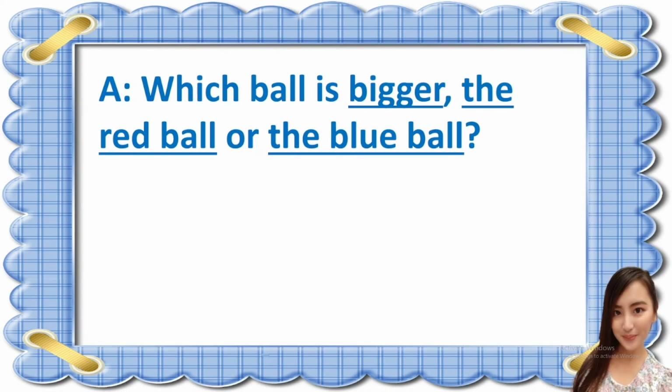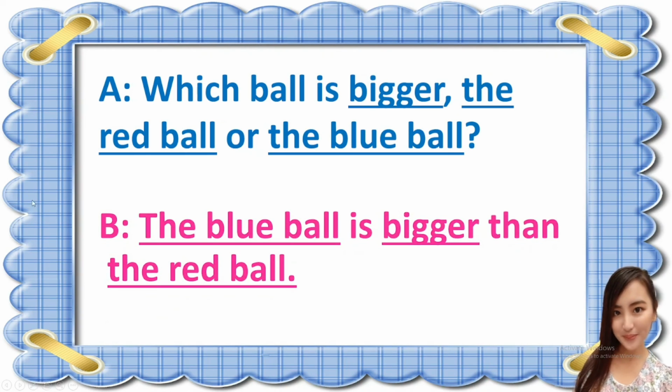Question: which ball is bigger, the red ball or the blue ball? The answer is the blue ball is bigger than the red ball. So the comparative form is B-I-G-G-E-R, bigger. Double the final consonant because big is a CVC word.